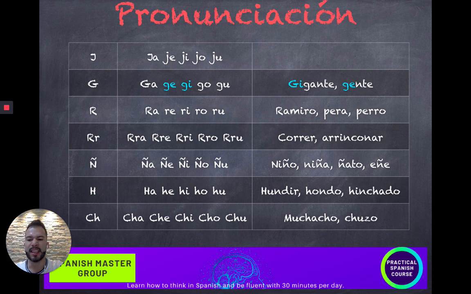Ña, ñe, ñi, ño, ñu, because you don't have ñ in English. Niño, niña, ñato. So children, boy, girl, and ñato is a person who has a small nose.